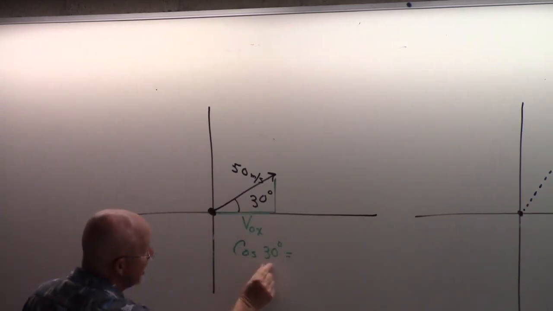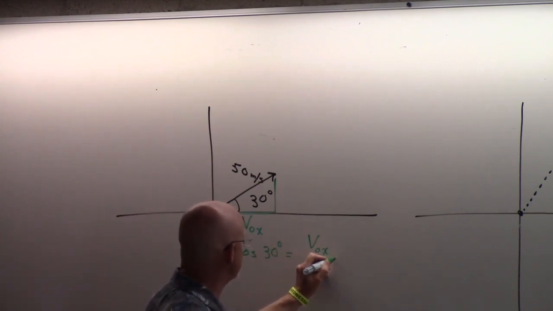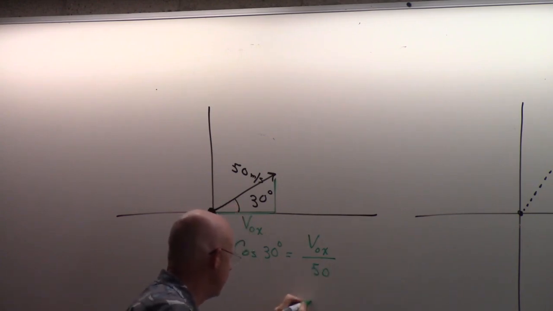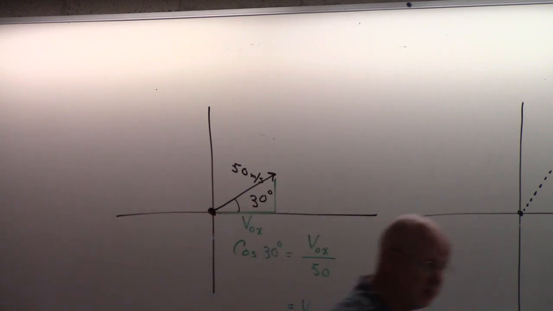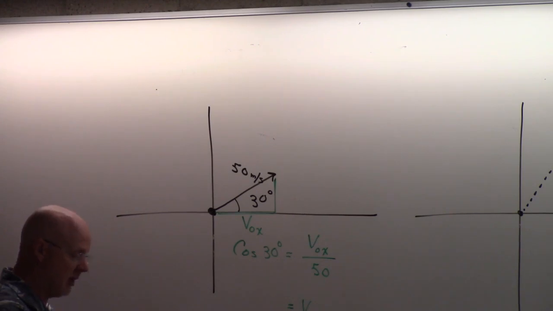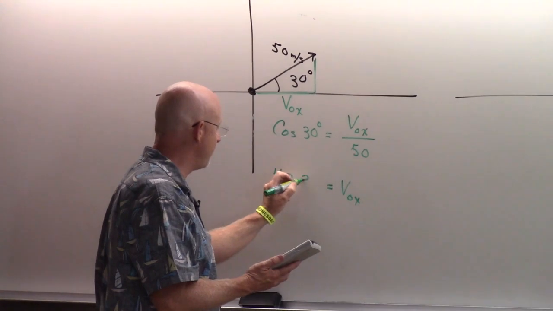So cosine of 30 would then be v naught x over the hypotenuse of 50. So the amount of speed, initial speed, in the x direction would be 50 times cosine of 30, which is 43.3.